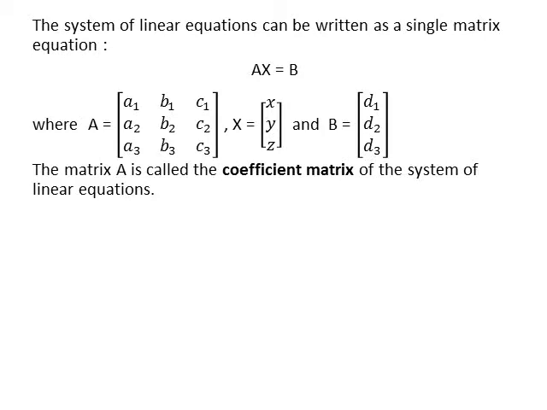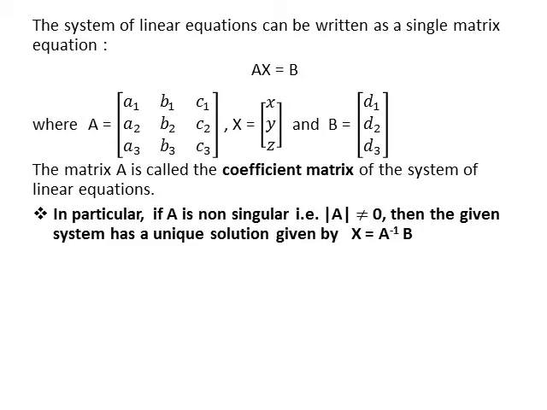The matrix A is called the coefficient matrix of the system of linear equations. Here X is a column matrix of order 3 by 1 in which variables x, y and z are elements. And B is a column matrix of order 3 by 1 in which elements are constants of the equations, that is d1, d2 and d3.